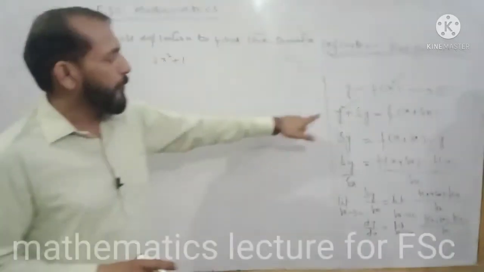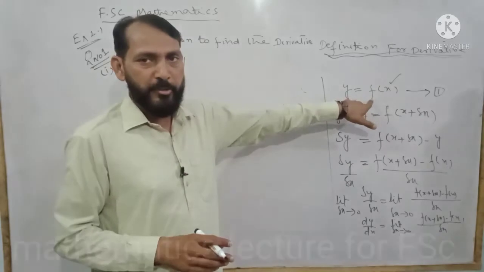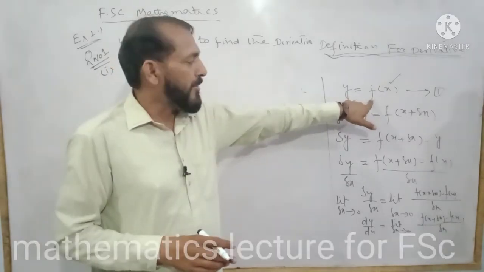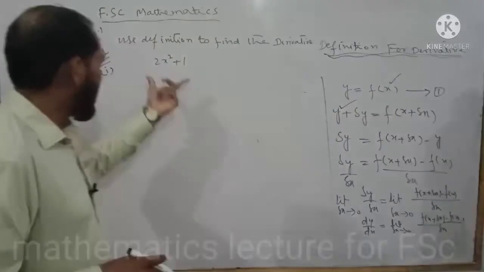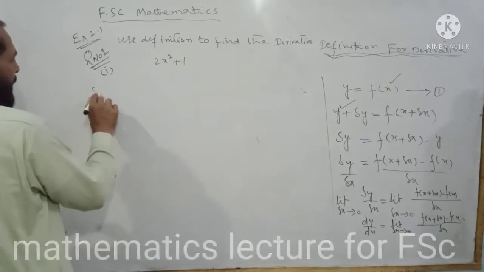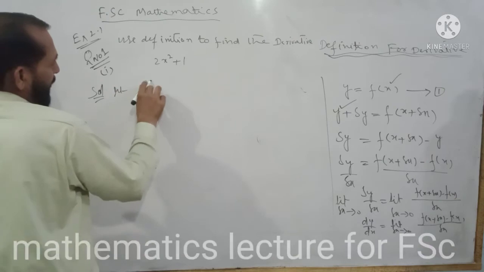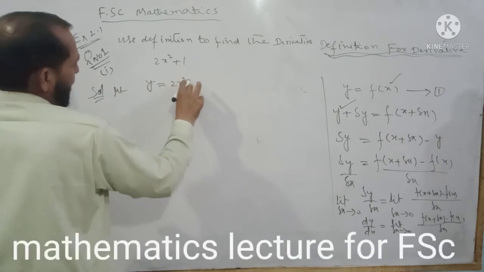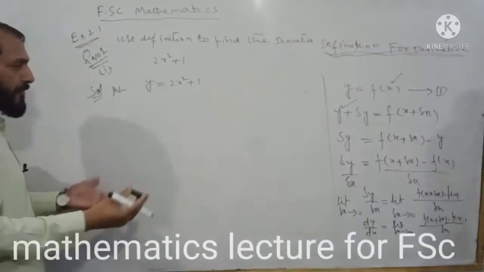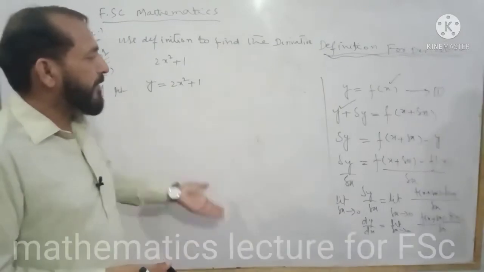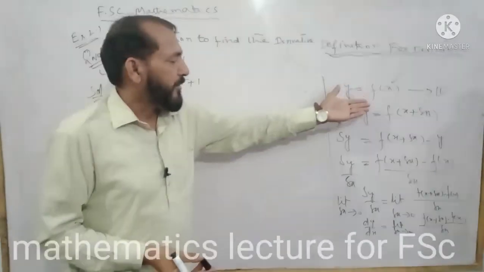First of all, we have to suppose y is equal to this. This is the function. I mean f of x is a function which is this. Okay, let y is equal to x square plus 1. This is our first step, supposition.